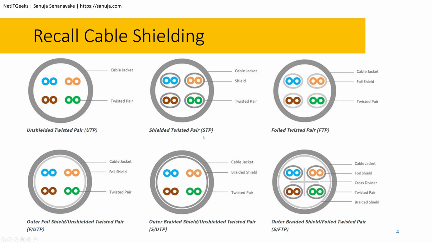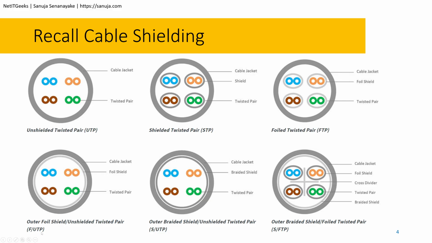When you come to STP, the cost is a little bit higher, but now you have a jacket outside, which is kind of a shield, and then you have a shield between each of these pairs. So each of these pairs is separated with a shield. With FTP, we have foil instead of just plastic or some other form of shielding to separate these things, which will give you a better electromagnetic separation in many situations.